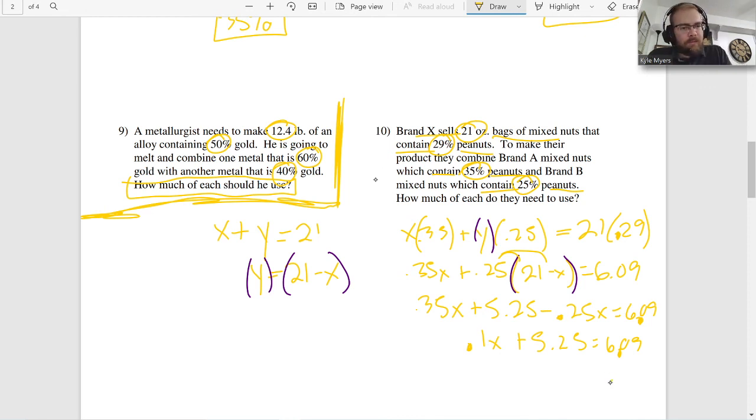I get 0.84 equals 0.1x. If we divide by 0.1, it becomes 8.4. So x is 8.4.